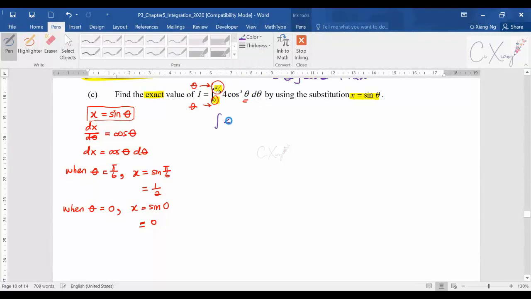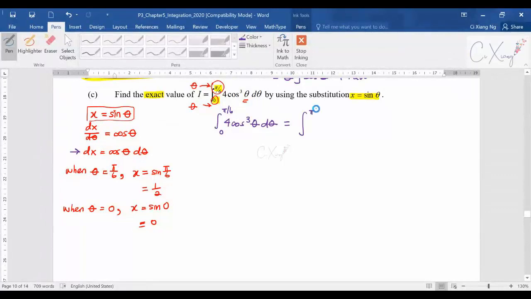I want to do the integration for 4 cos power 3 theta d theta, with limits 0 and pi over 6. Before I substitute and change the whole equation to x, I will have a look: how can I change everything into x? I realized that if I want to substitute dx into the equation, I need to have cos theta d theta.